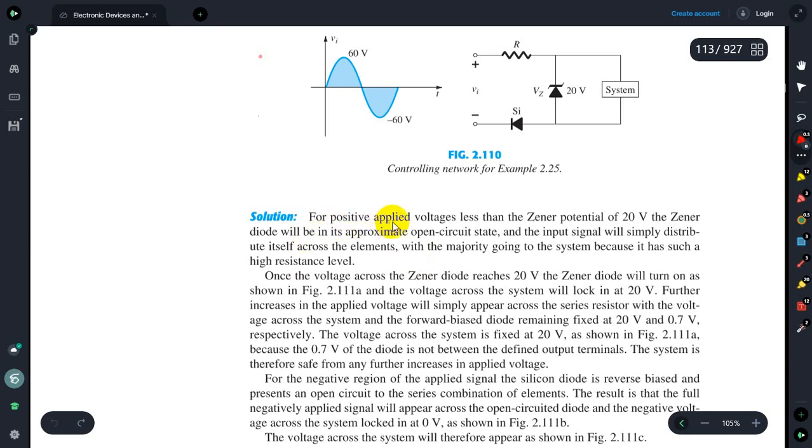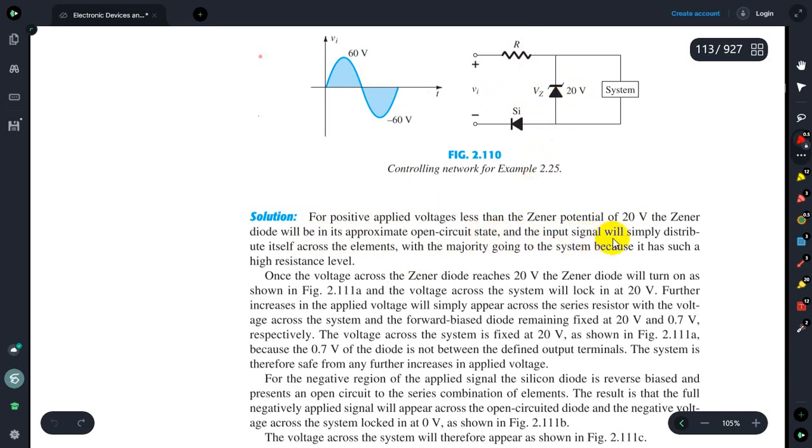For positive applied voltage less than the zener potential of 20 volts, the zener diode will be in its approximate open circuit state. As we have seen from our analysis, when the voltage across the zener diode is less than Vz, the zener diode is an open circuit.